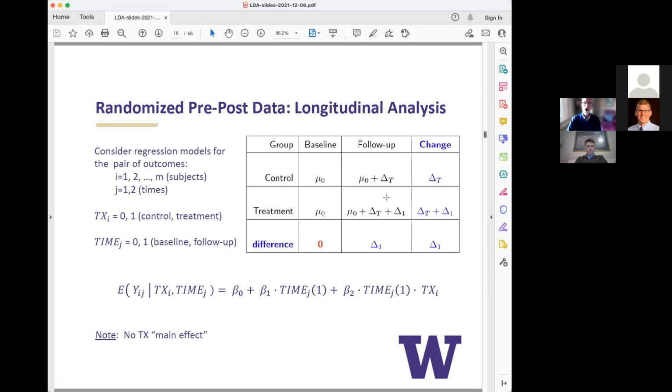So if I encode this structure in a mean model, it says there's a time effect and there's a treatment by time effect, but there's no treatment main effect. This model uses randomization, that fact, to constrain the means to be equal at baseline. Okay. Does that look like one of the other pre-post methods? I'll show you exactly what that looks like.